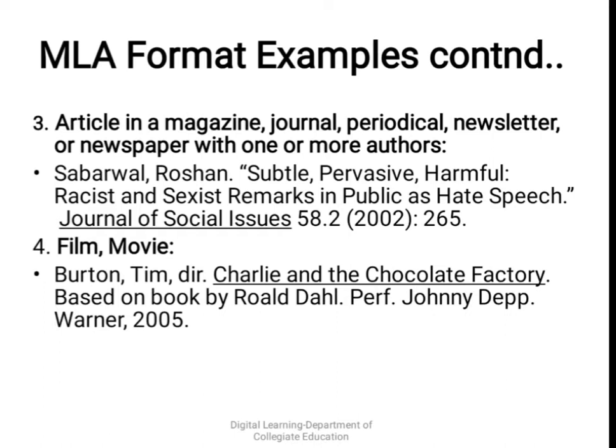Then the title of the movie, Charlie and the Chocolate Factory. The additional detail: based on a book by Roald Dahl, perf. Johnny Depp. Then Warner Company released the film in the year 2005.